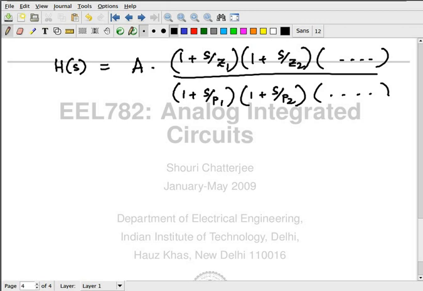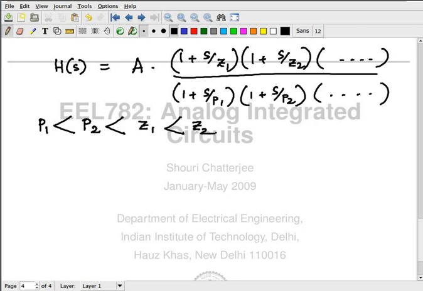There is an order in the values of P1, P2, Z1, Z2 without any loss of generality. Let's say that P1 is less than P2, which is less than Z1, which is less than Z2.